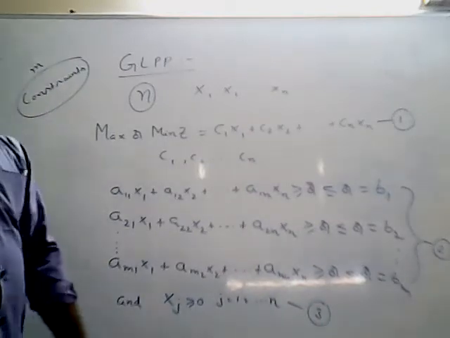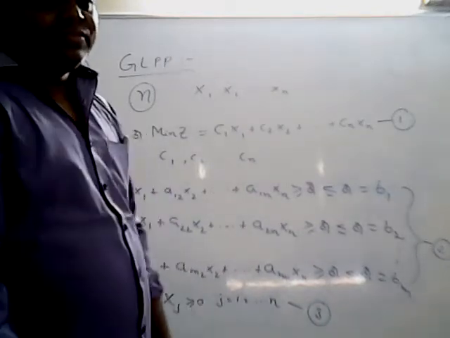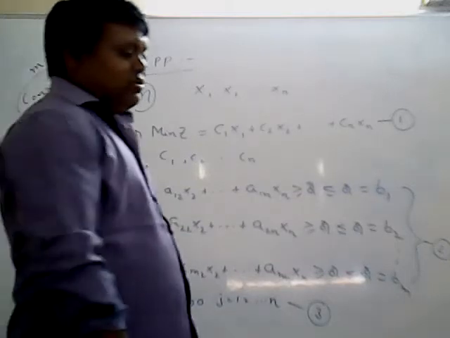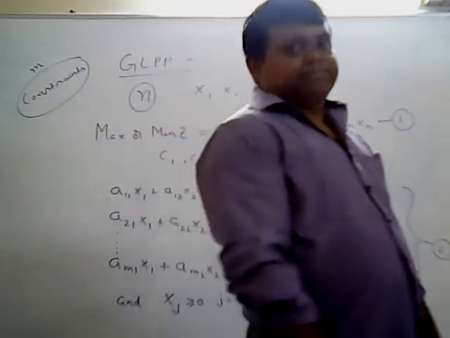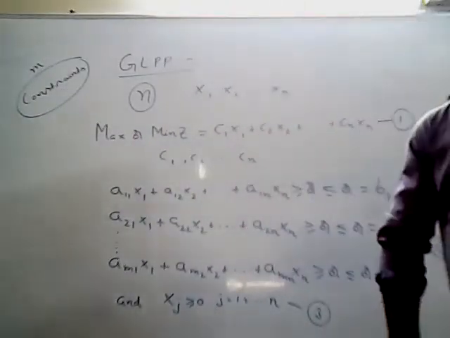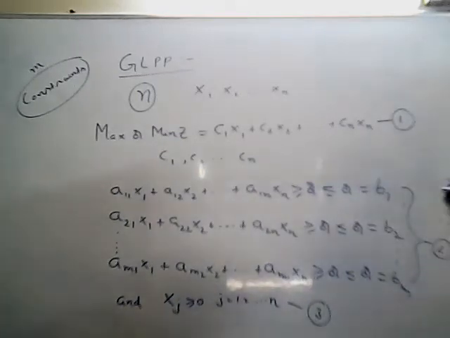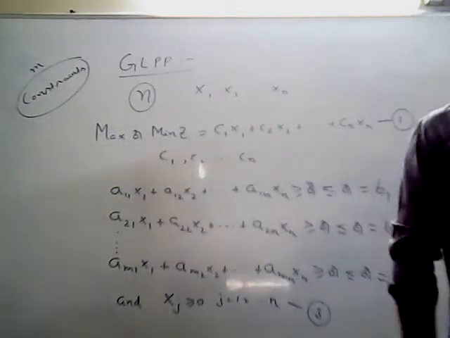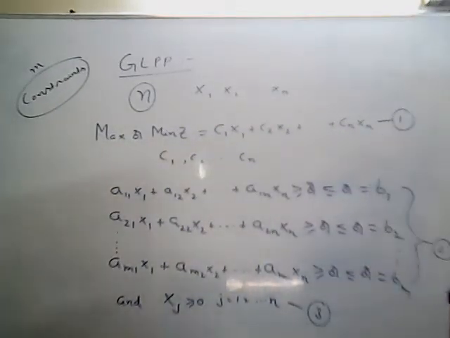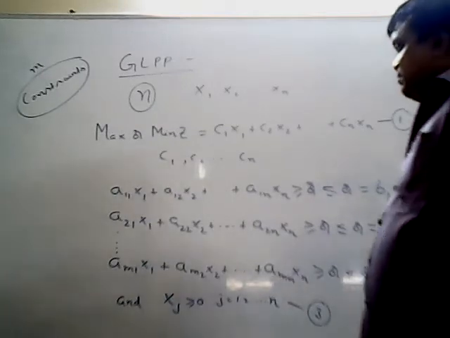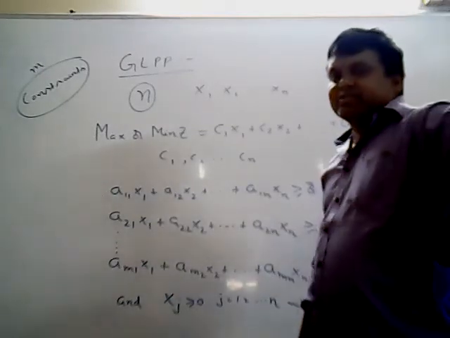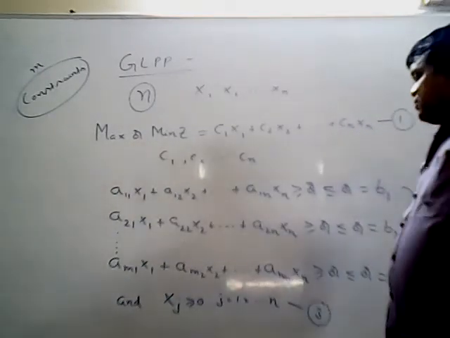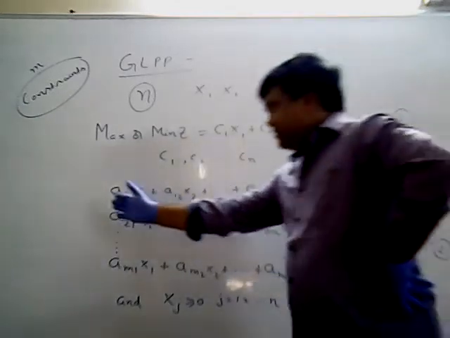Equation 1 is called the objective function, which may be maximization or minimization. Next slide.